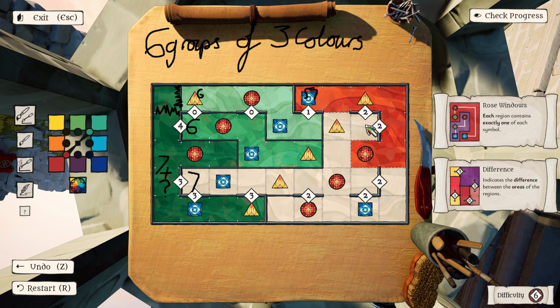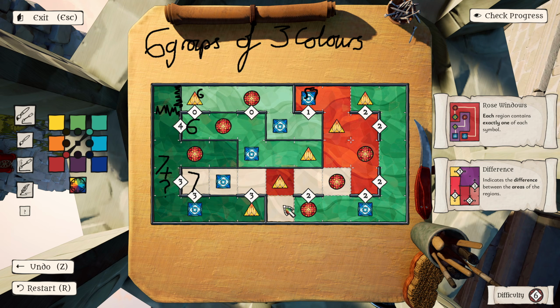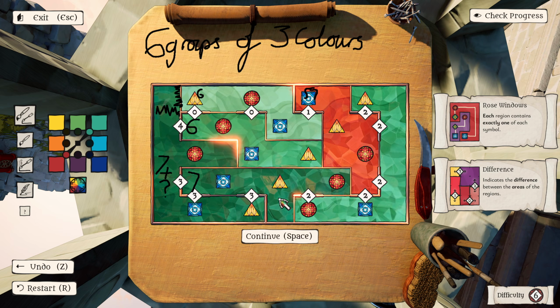Doesn't work. 1, 2, yeah, because I can't go through there and I can't take that without this breaking. 1, 2, 3, 4, 5, 6, 7. 6, 5, 7 doesn't work. 6, 7, 9 can't work because of 10 minus 3 is 7. Wait, that can work.